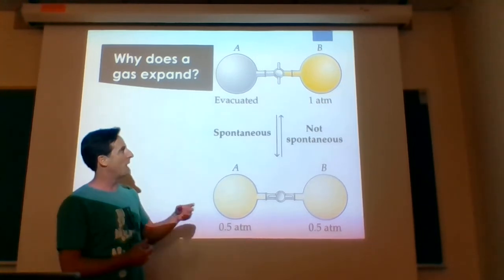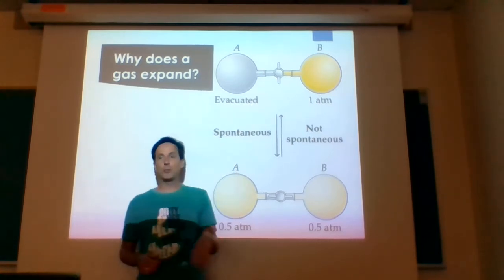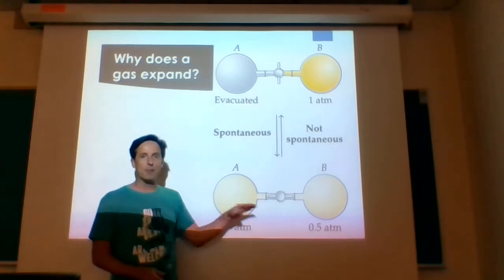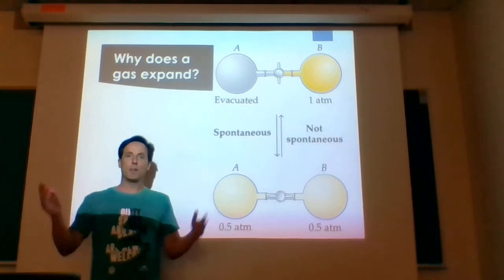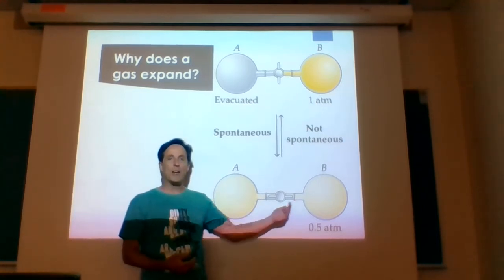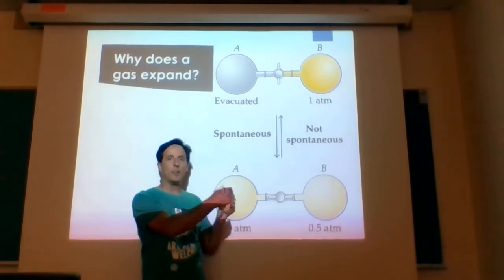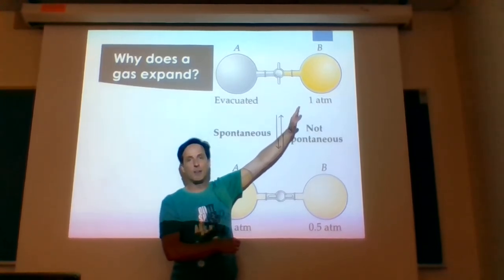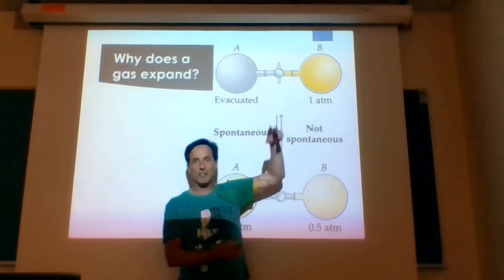If we have a lot of molecules that are free to move, so when we open the valve, if the molecules have the freedom to spread out, the more space we have, if I just randomly throw the molecules up and let them go wherever they want, there are a lot more possible arrangements that can occur where the molecules are spread out than there are where all the molecules are all pushed to one side. There are very few arrangements possible where all the molecules stay on one side of a container.